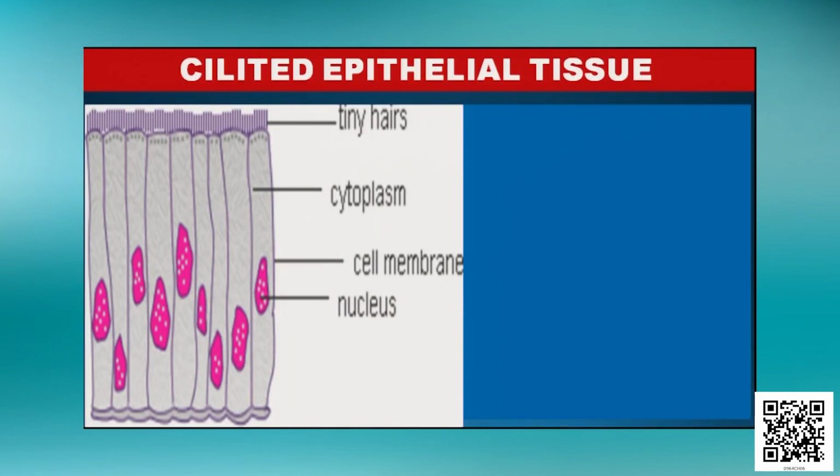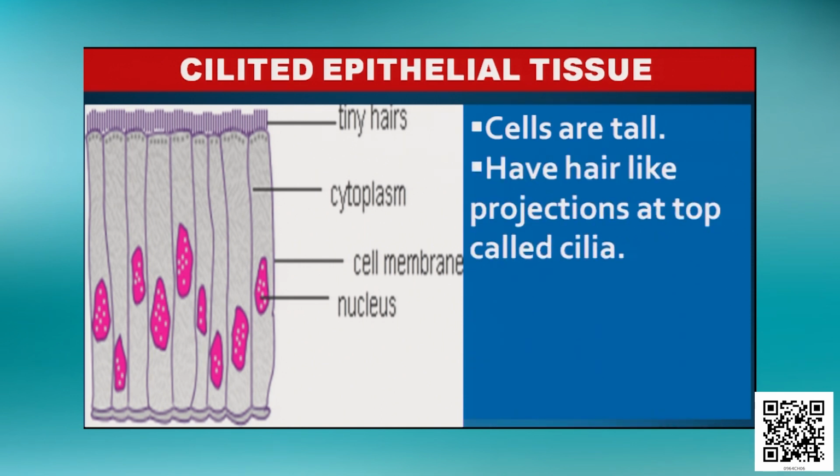Let us find out. In the respiratory tract, the type of epithelial tissue present is called ciliated epithelial tissue. Why ciliated? Because the cells have cilia, or you can say the cells have tiny hair-like projections. Those projections are called cilia.